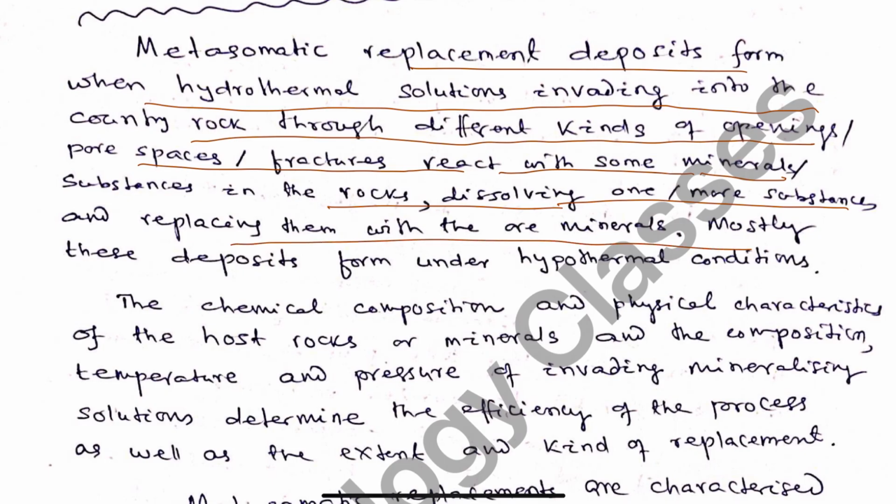The replacement is described to be molecule per molecule, so that the internal structure of the country rock is found to be preserved. This is the process. Molecule per molecule replacement takes place and the structure is preserved.